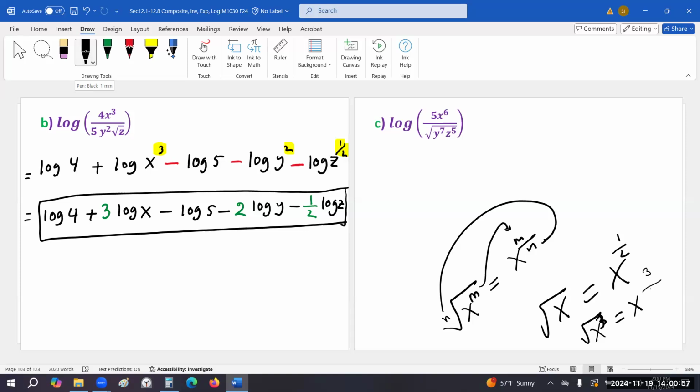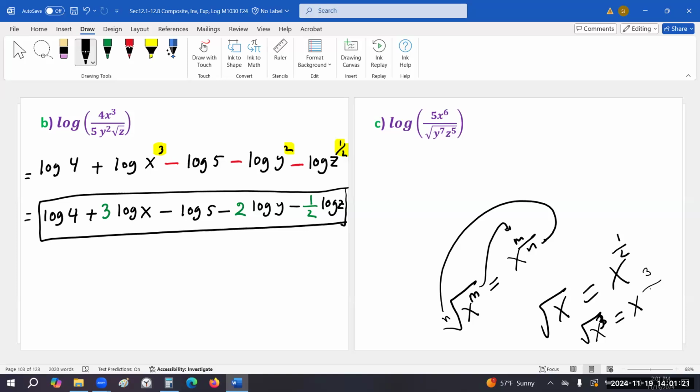Any type of radical is a fraction power. Review your exponent rules from before. Whatever radical you have, that's the denominator of the fraction. So square root means 1/2. Cube root means 1/3.